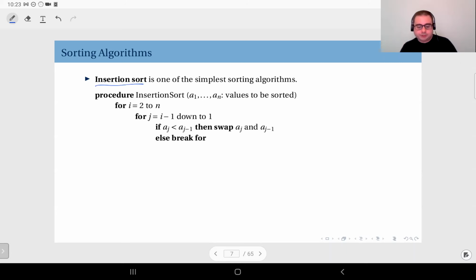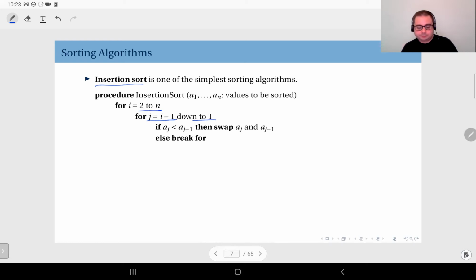So the pseudocode is given here. It starts from 2 to n, because you don't need to start from 1, since you need something to compare to. So you go from j minus 1 down to 1.